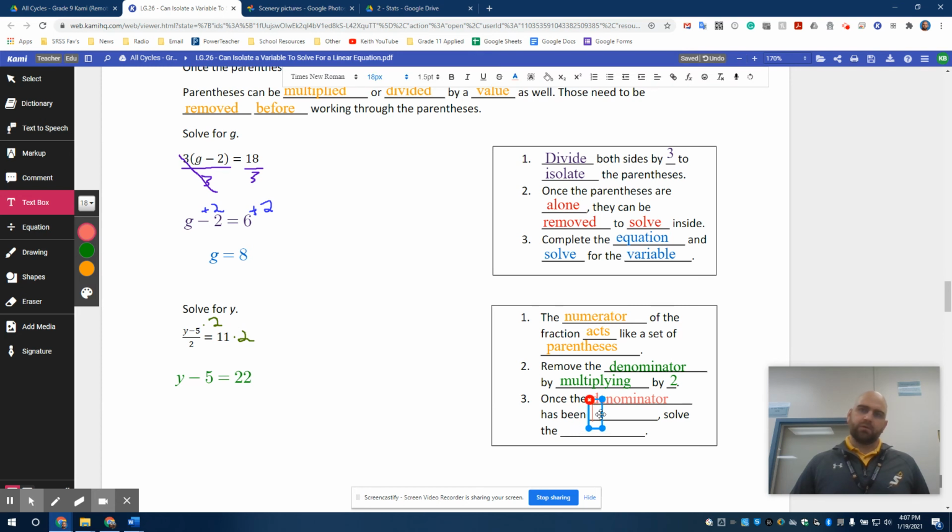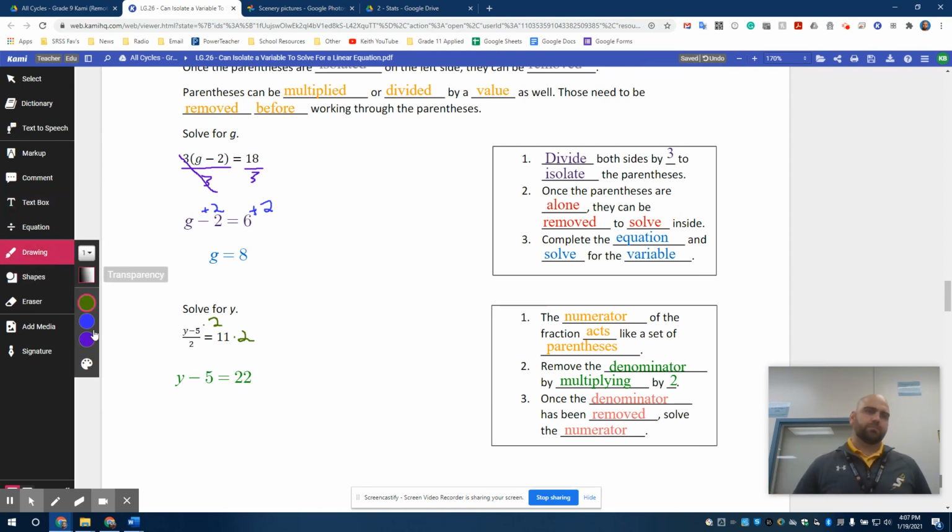It's been removed. Then we solve what was in the numerator, which has now just become a regular equation for us to solve. So now it's just become a basic equation ready for us to solve.